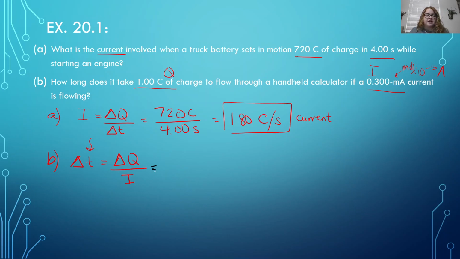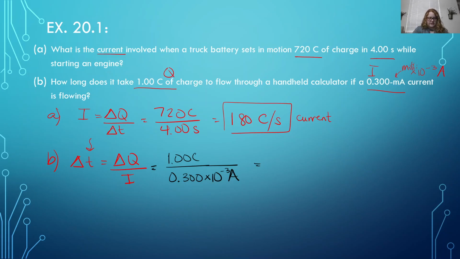So let's go ahead and plug this in. We have our delta Q, which is 1 coulomb, and our current 0.300 times 10 to the negative third amps.